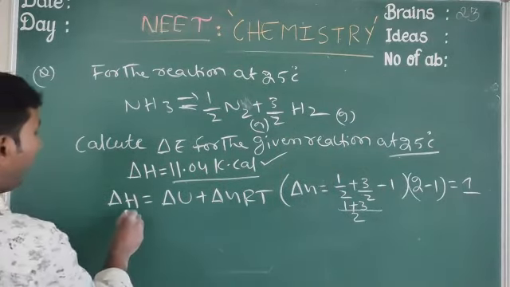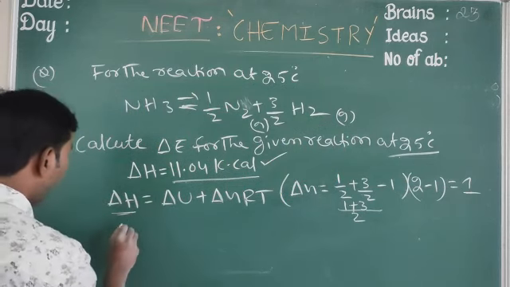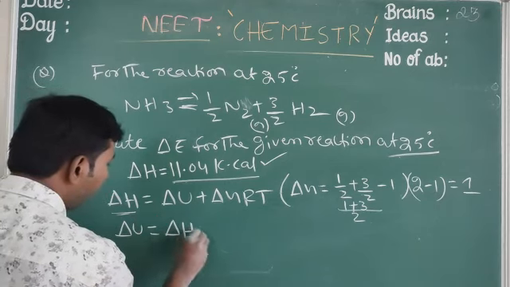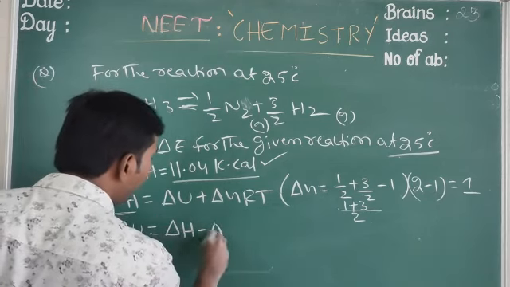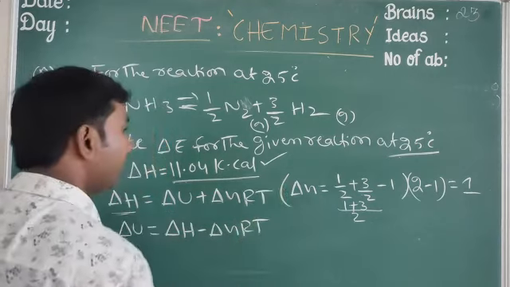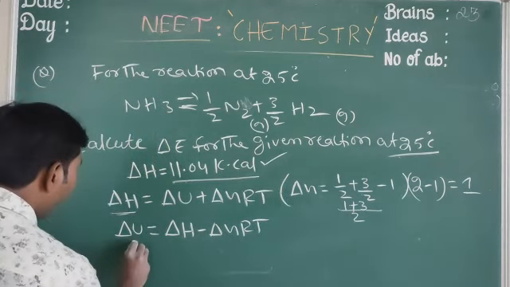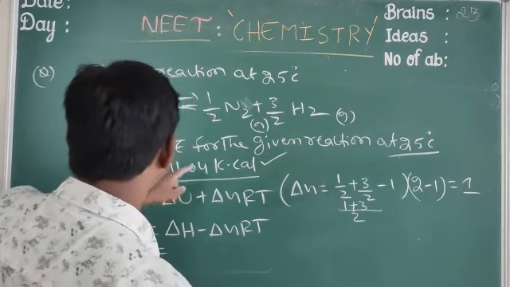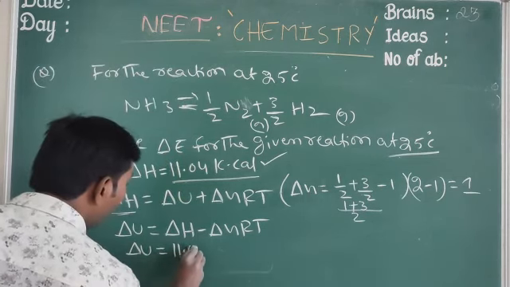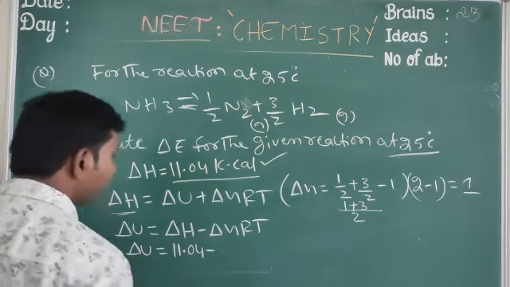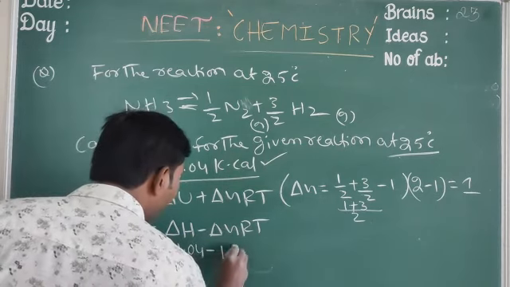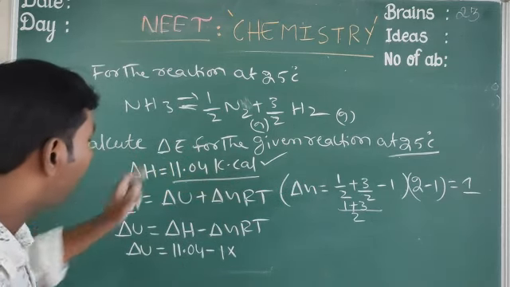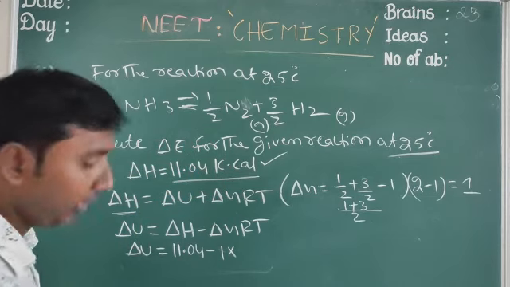Now del H value is given. Del U equals del H minus del n R T. Del H they gave as 11.04 kilocalories, minus del n value 1 into R value. Since kilocalories are given, R value should be taken in calories.